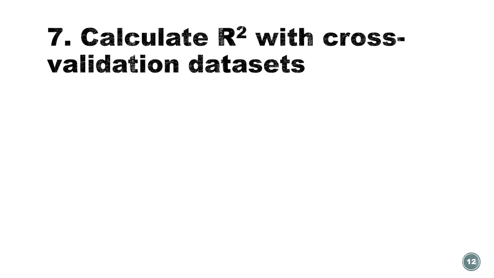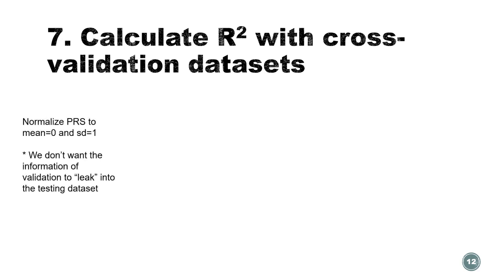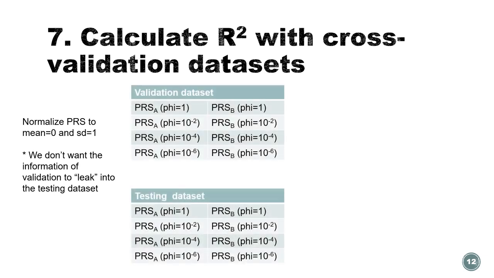The last step is to predict the phenotype with the PRS. First, you normalize all the PRS to mean equal to 0 and standard deviation equal to 1. Then you optimize the hyperparameter in validation data.